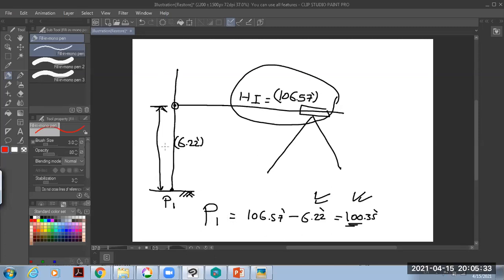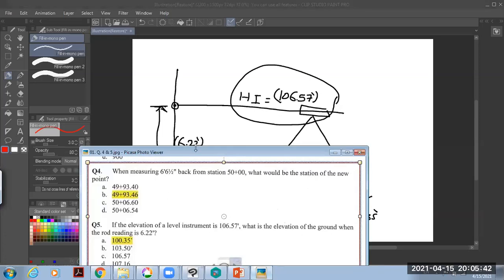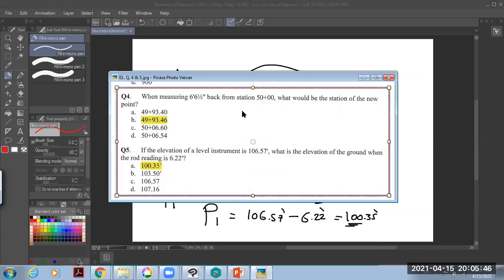I will answer number 4. Actually, I've just read number 5 today, a few minutes back, when I was trying to prepare my class. So number 4, I will say, is very easy as well. It's a matter of how to convert from feet to inches, because here we have 6 feet 6.5 inches, and 50 feet now.